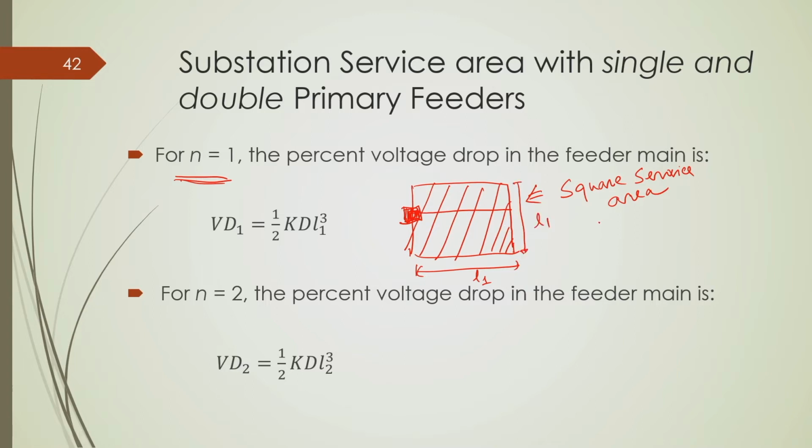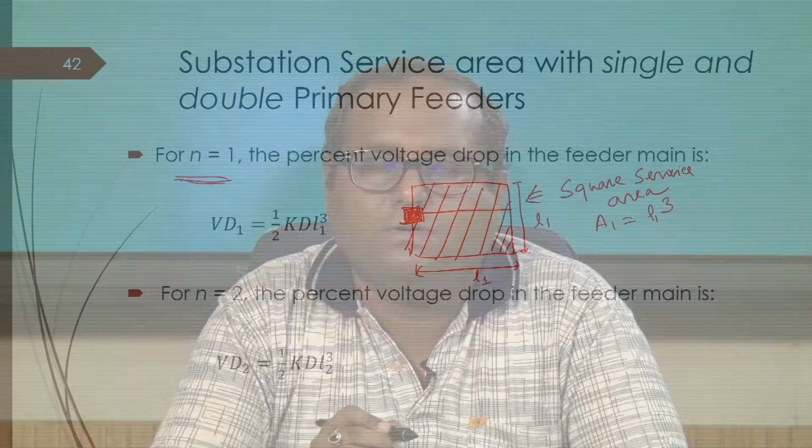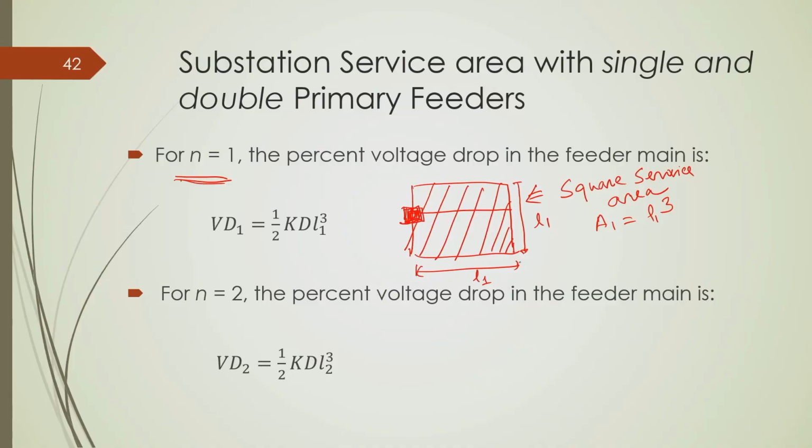So, A1 will be equal to L1 square, and the other assumptions are valid. The only thing is that the substation is not centrally located, because we have only one feeder. Rather, the substation is located at the extreme end of that service area, and this feeder length is L1.